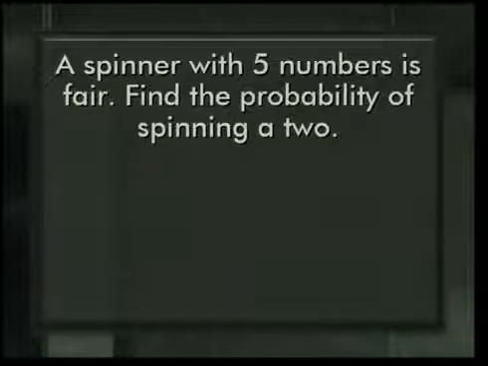If I spun that fair spinner 5 times, now it doesn't necessarily work out this way in a small number of spins, but if it did, what I should see is a 1 one of those times, not necessarily in order, probably not in order, a 2, a 3, a 4, and a 5.